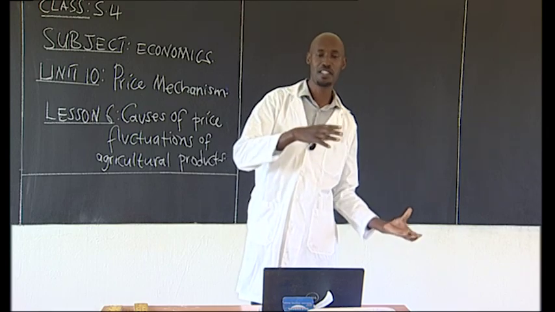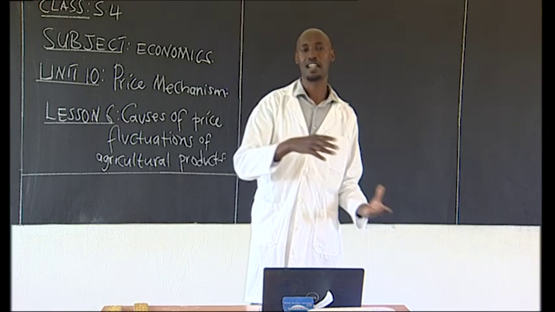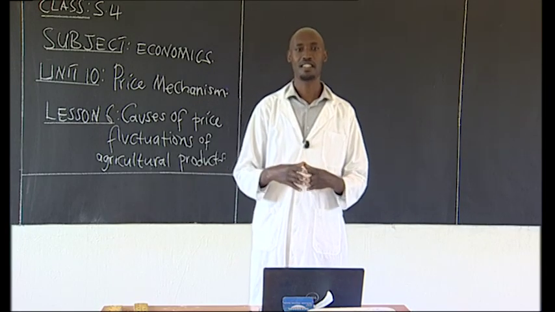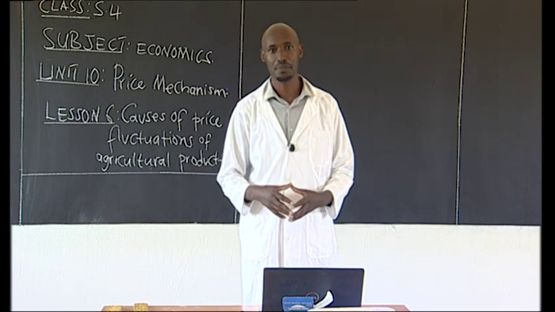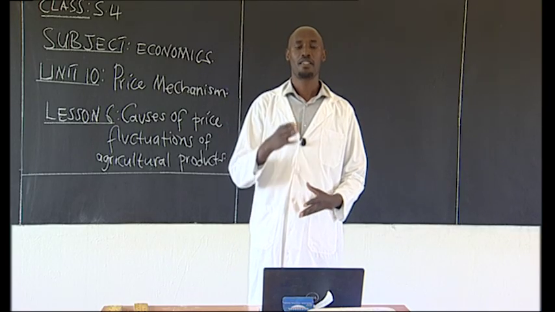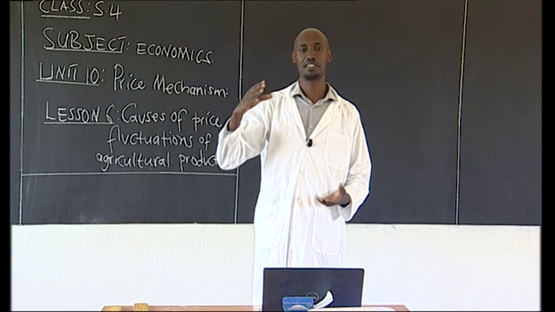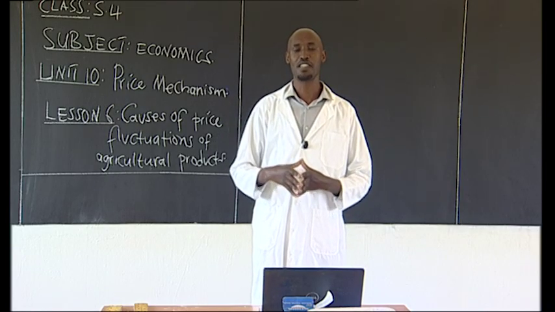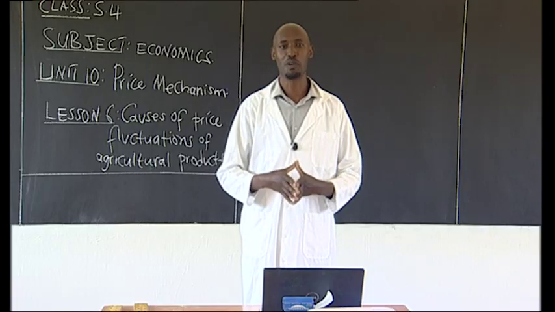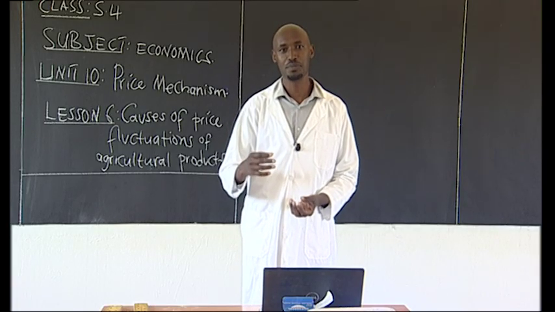There is a period after planting and harvesting, there is that time lag. When prices increase, many producers produce a commodity. When they produce in plenty, the prices do what?